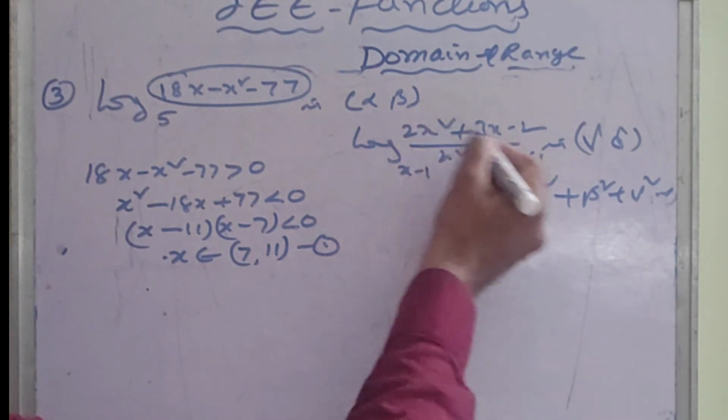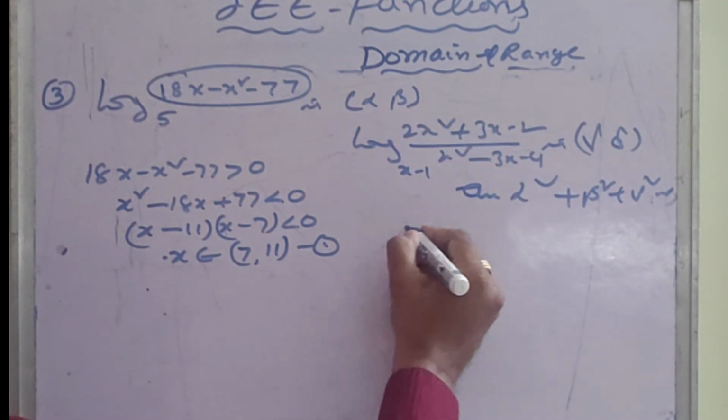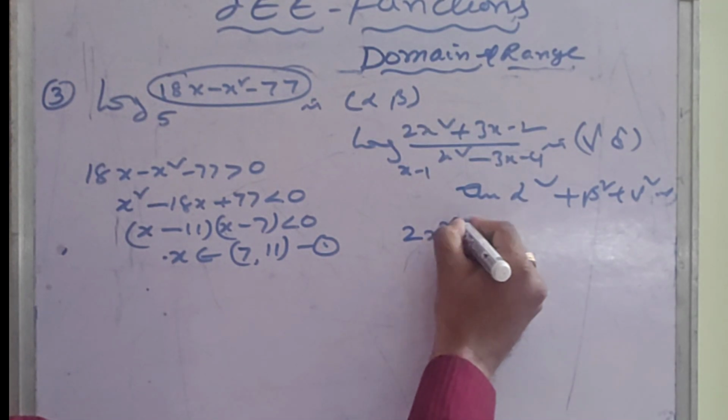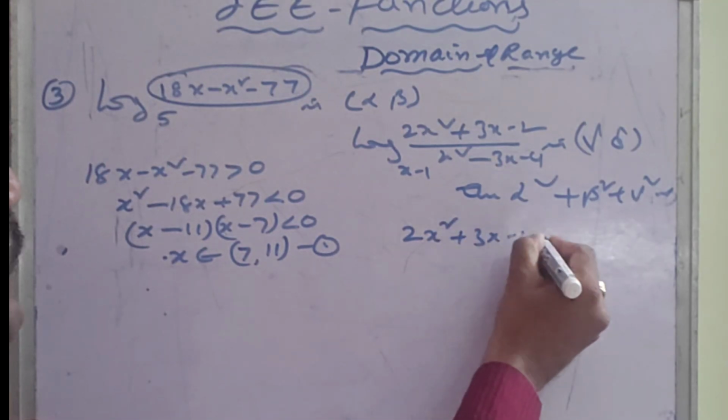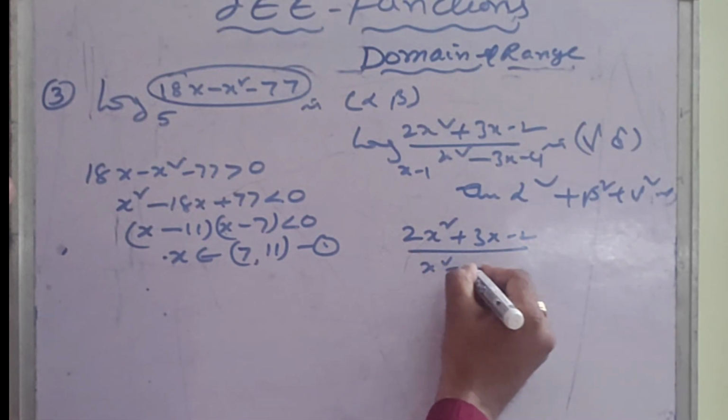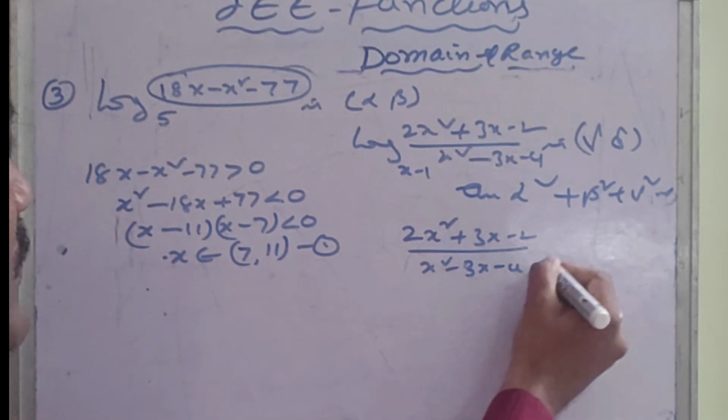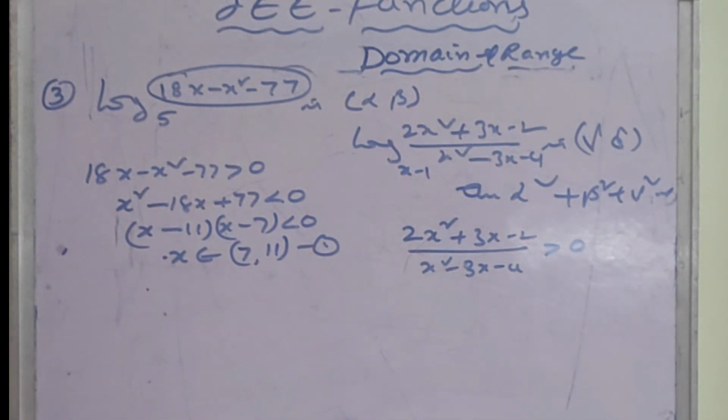Now second one, this is also a logarithm function: (2x square plus 3x minus 2) by (x square minus 3x minus 4) greater than 0. We know the factors.